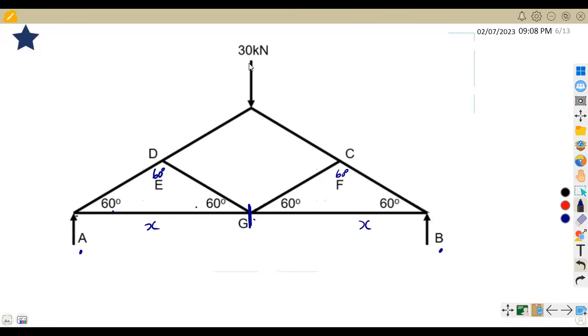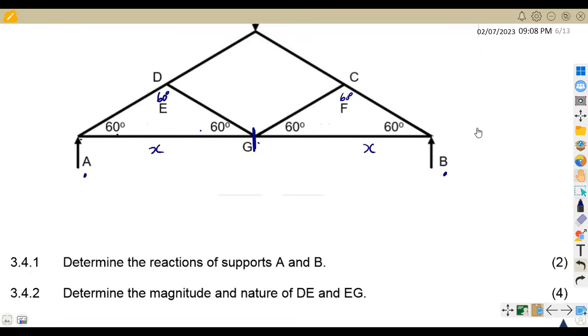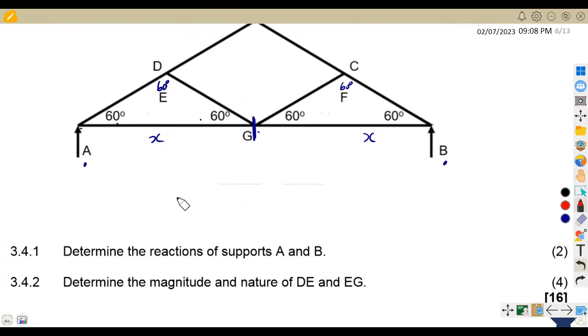And there is a 30 kilonewton load in between these forces. So it's like this, guys. Let me represent it this way so that you can understand what I'm trying to say. We've got our beam like this.